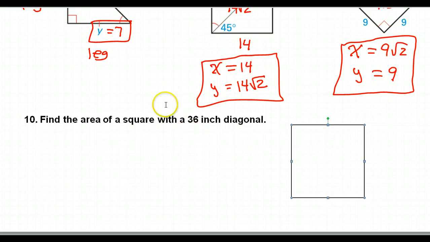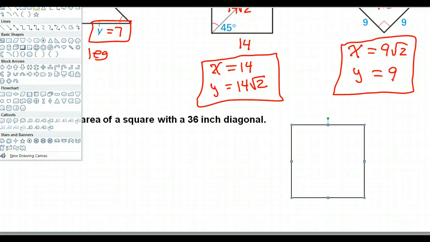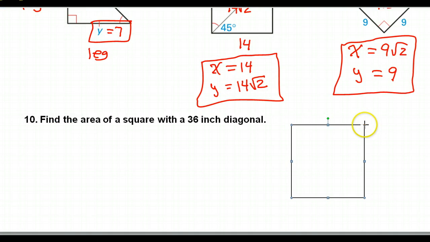Okay, here is a square. Here is the diagonal, like this. Okay, there's a square and its diagonal. This is supposed to be a 36-inch diagonal. That means that this is 36 inches.